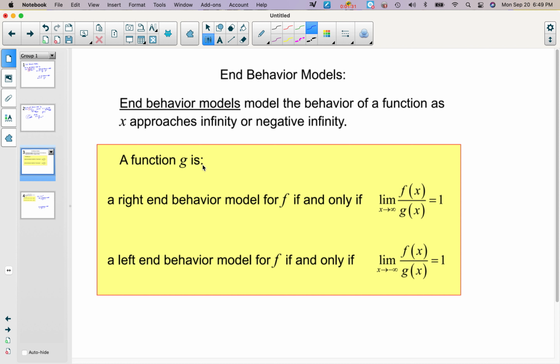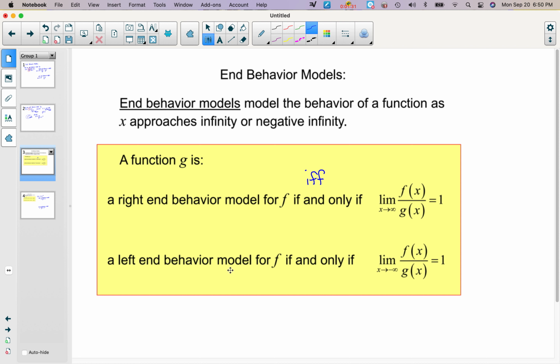A function g is a right end behavior model for f if and only if, here's some trivia for you, if you see this in a math textbook, that means if and only if, and that is used in mathematical theorems and proofs. It goes both ways. So we're looking at the limit as x approaches infinity of f of x over g of x has to be 1, where g of x is the end behavior model.